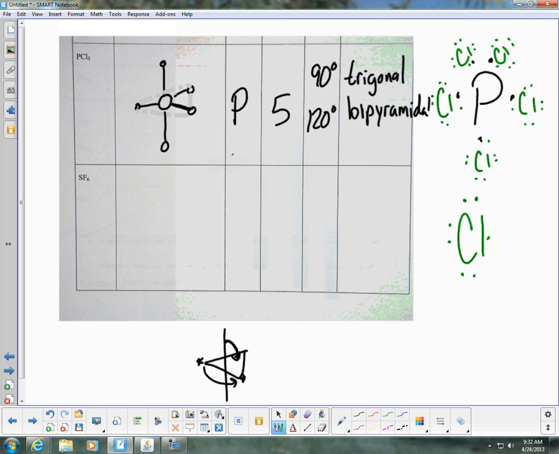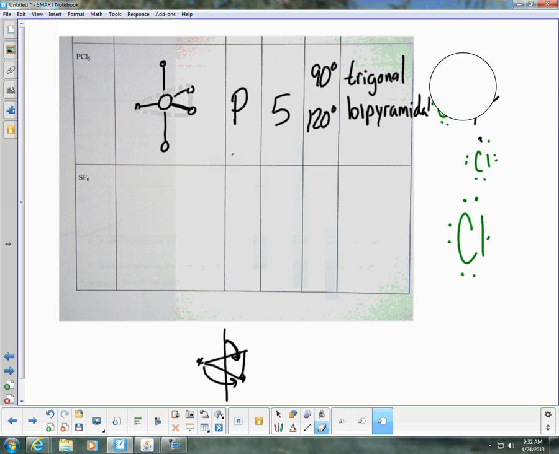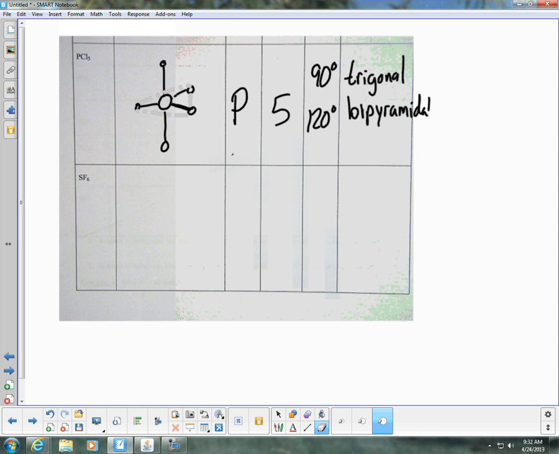Let's do the next one down. I'm going to, well, we'll just erase all this. Okay, so sulfur, how many around it? And I forgot to color my fluorine here, or my chlorine. We'll color them.